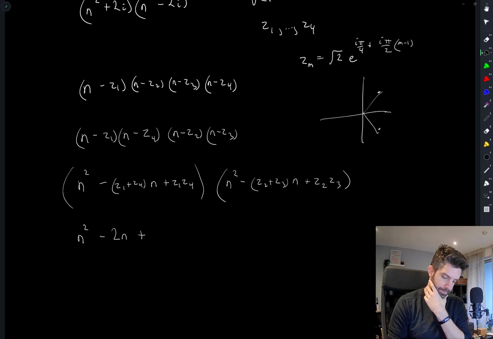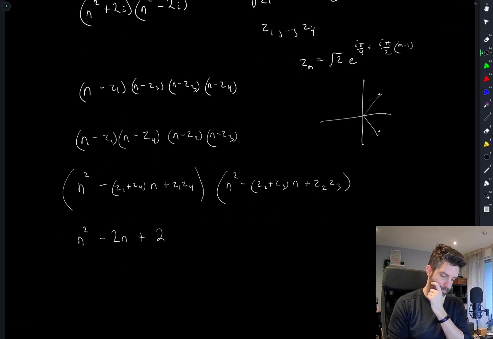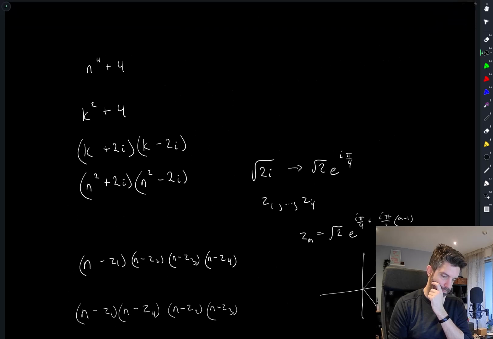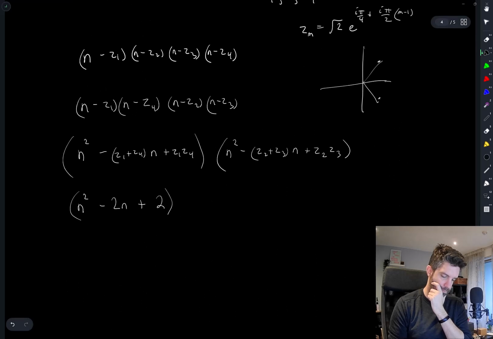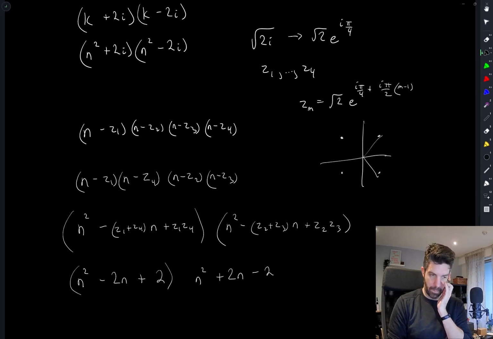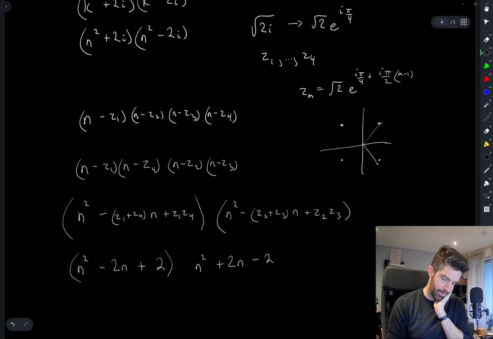Z1 times Z4 also gives 2. Z2 plus Z3 should give negative 2. And Z2 times Z3 should give positive 2.